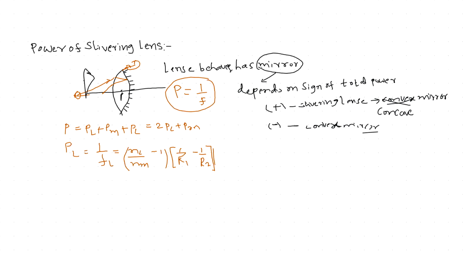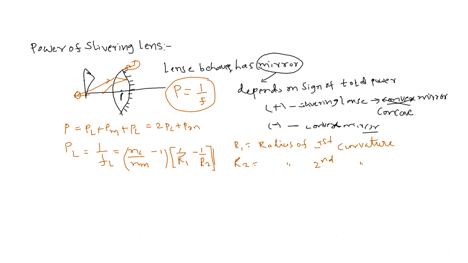So here, what is R1? R1 is the radius of the first refracting curvature. R2 is the radius of the second refracting curvature.